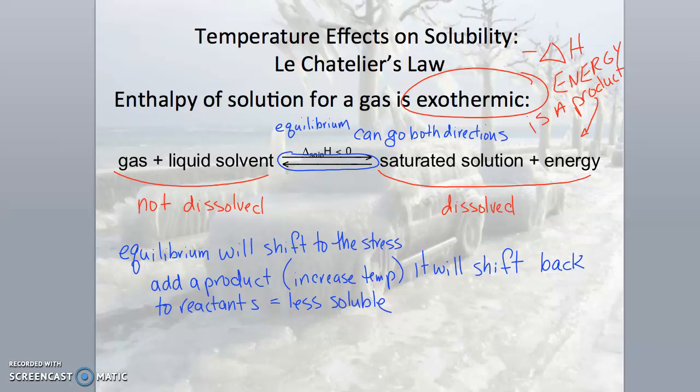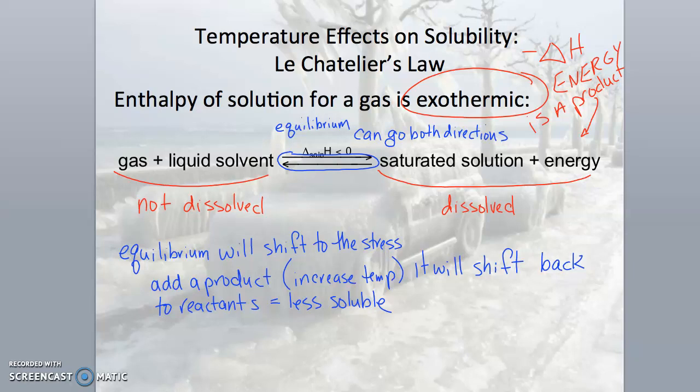I need to run in the reverse direction and make more gas and liquid solvent and use up some of this extra energy. I'm going to use some of the saturated solution in the process, and I'm going to end up with more gas and liquid solvent. Well, in the case of our carbonated beverage, if I get it hot, that's going to shift the equilibrium back toward liquid and gas separate, not good.